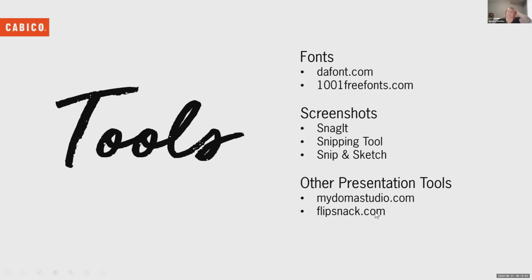And then there were 2 different presentation tools that were mentioned on yesterday's presentation. One was My Doma Studio, and if I understand it correctly, you can create mood boards and share them directly from there with your customers. And then FlipSnack. Stefan, did you have a chance to look into FlipSnack at all?